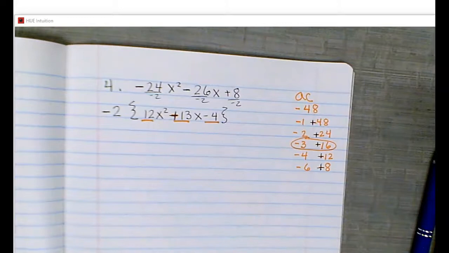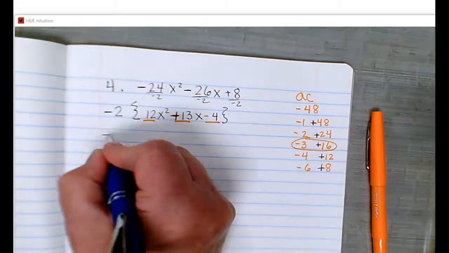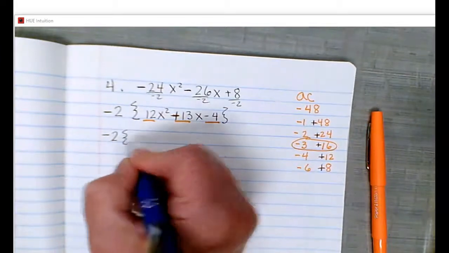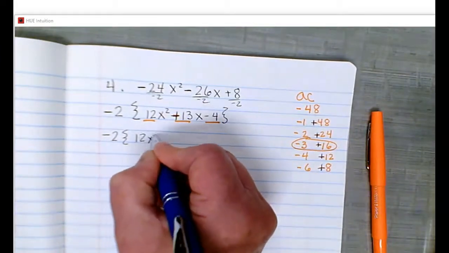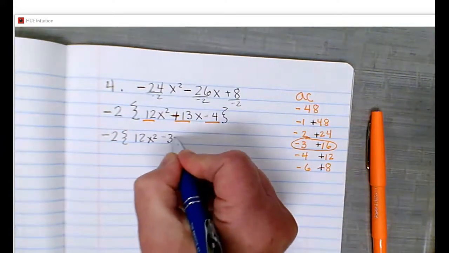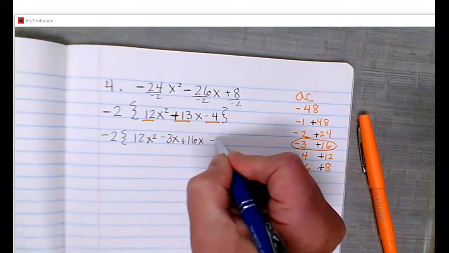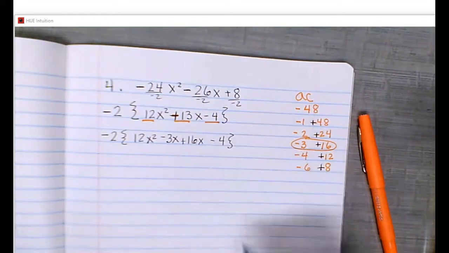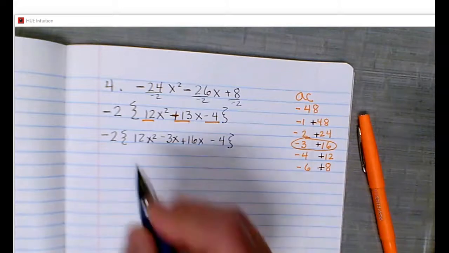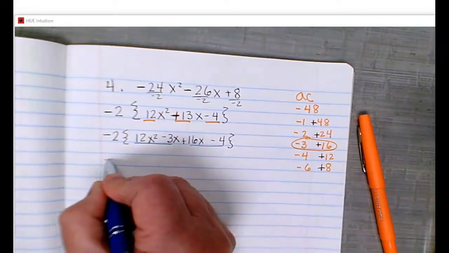Would that add up to be a 13? So this would become 12x squared. This 13 changes into a minus 3x plus 16x minus 4. The reason I did this is so that I can make 2 groups of 2.